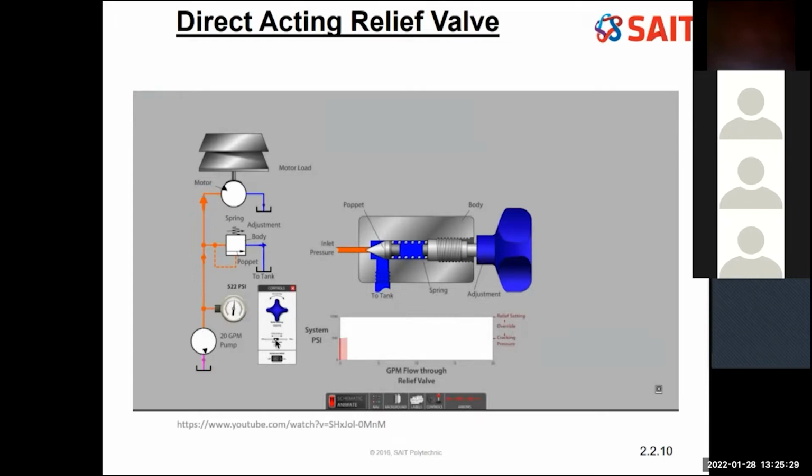Adding more bricks to bring our system pressure to approximately 750 psi, we now notice the motor is turning at only half speed. This is because half of our pump's total flow is now passing through the relief valve to tank. But since the hydraulic motor is still turning, we have not yet reached the relief valve setting.